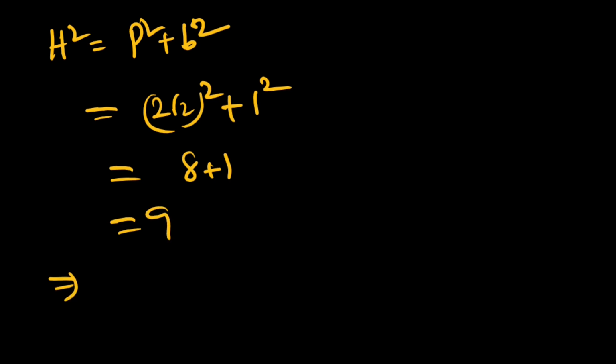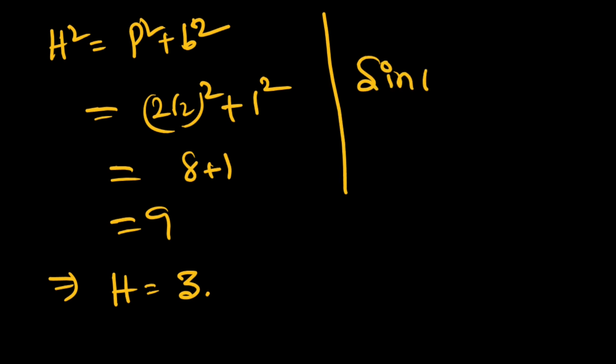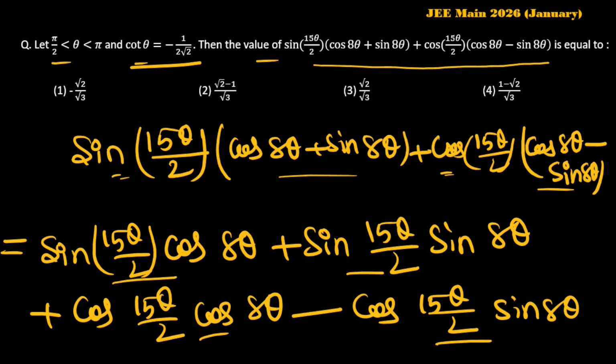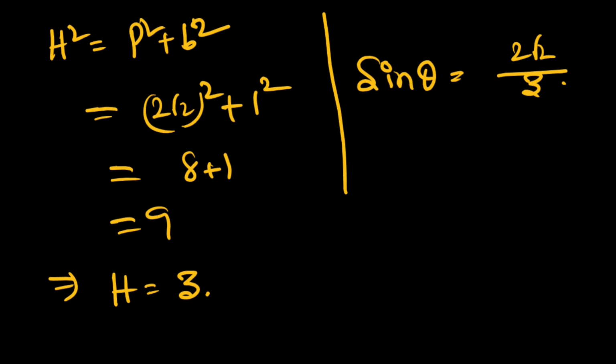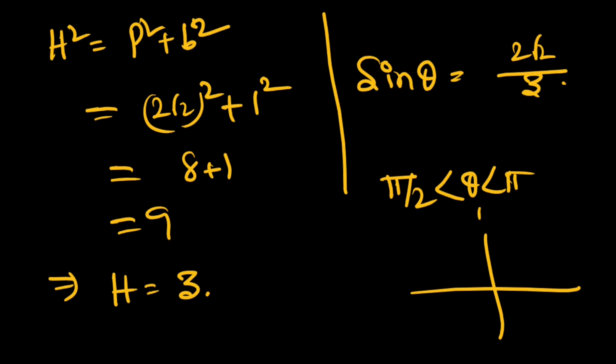This implies the hypotenuse is equal to 3. So sine theta is equal to 2 root 2 over 3, given that theta lies between pi by 2 and pi. Here the sign is positive, that's why we write the positive sign here.